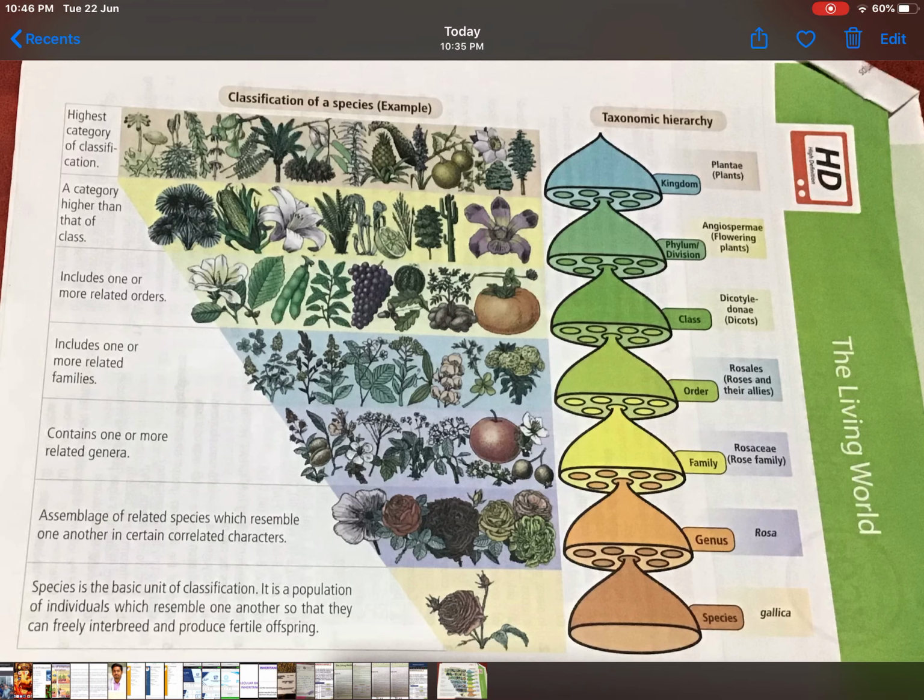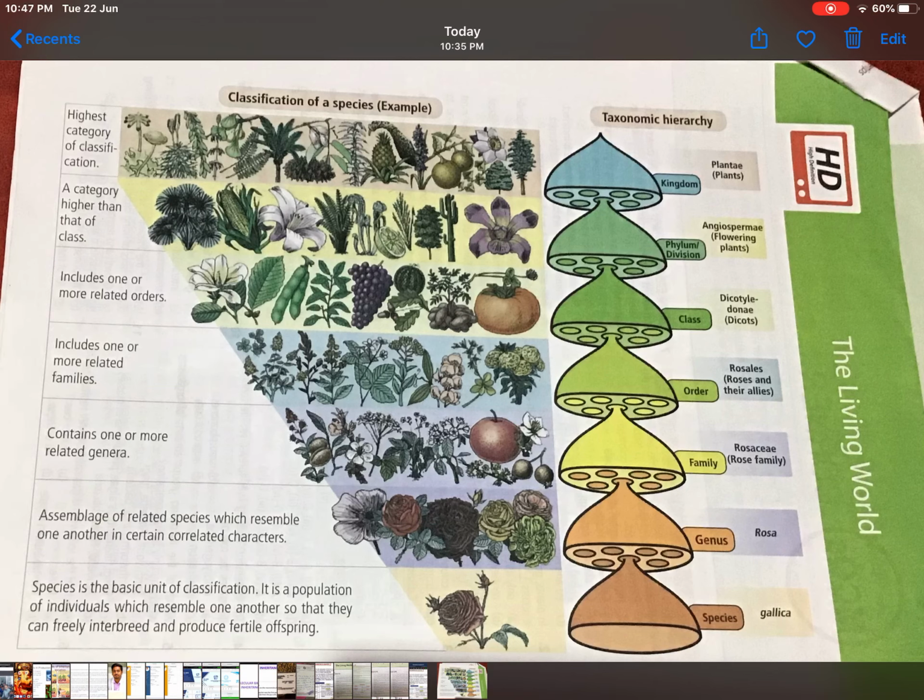Division is a category higher than class, and all must have one commonality. What is that? It should be a plant having flowers. You can't put a non-flowering plant here. That is the condition. And then all the plants, whether they have flowers or not, whether they have a root system, a shoot system, a thalamus, whatever it may be, the one thing is that the organism must be a plant.